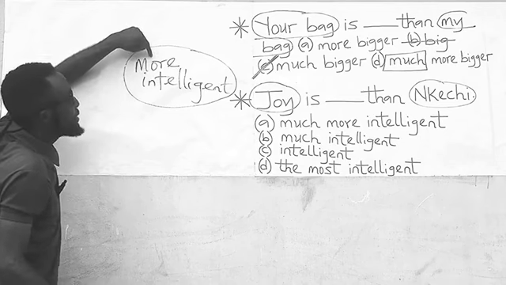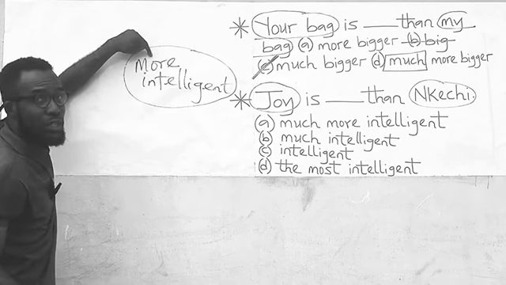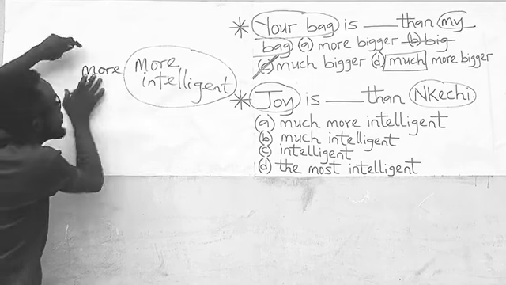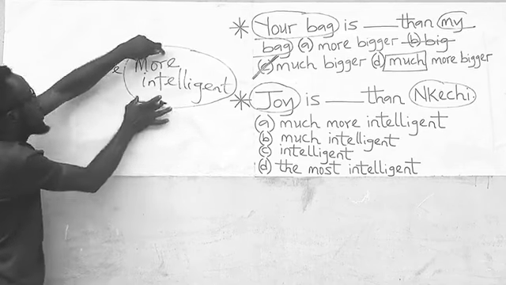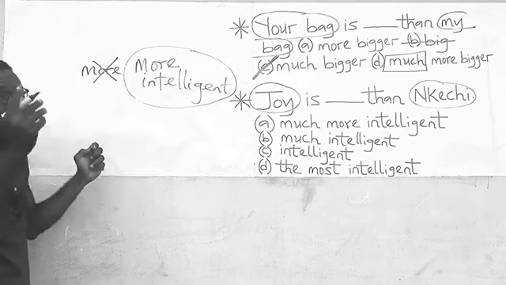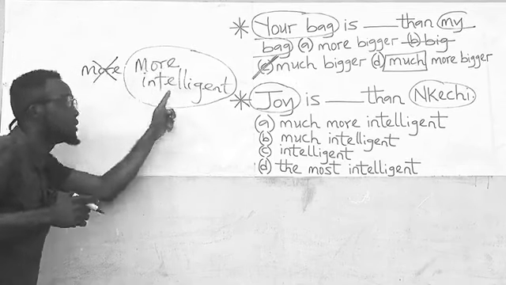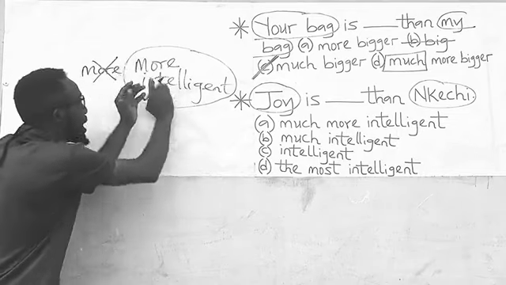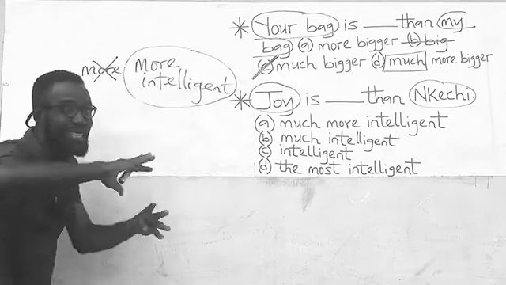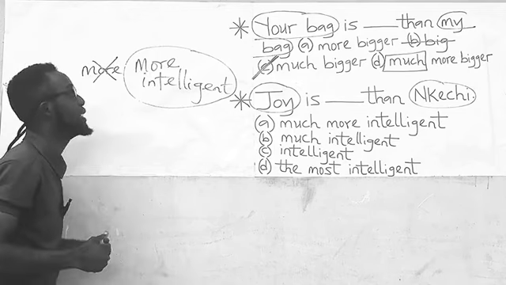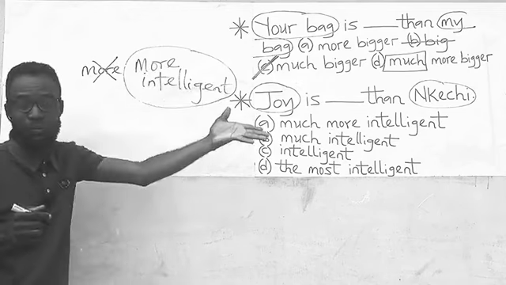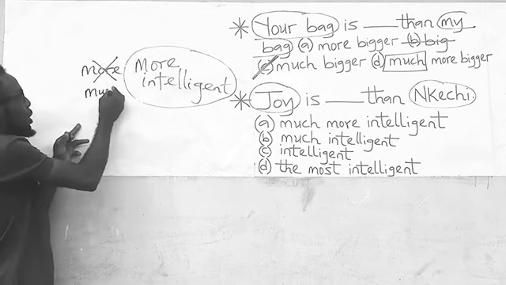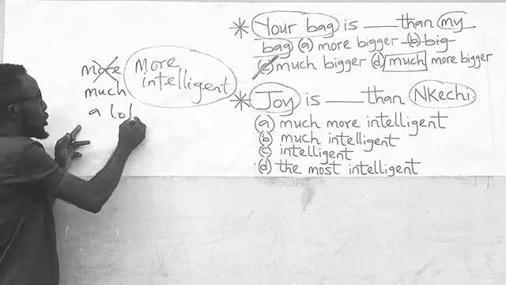To this written comparative adjective, we cannot attach more. That is, we cannot precede this comparative adjective by more. So there is nothing as more more intelligent. It is either we are using this comparative adjective the way it is in a sentence, that is, Joy is more intelligent than Nkechi, or if we must precede it by anything, it has to be much or a lot.